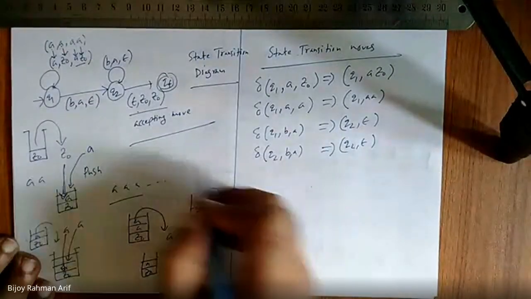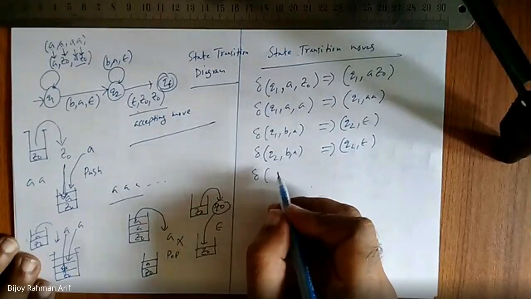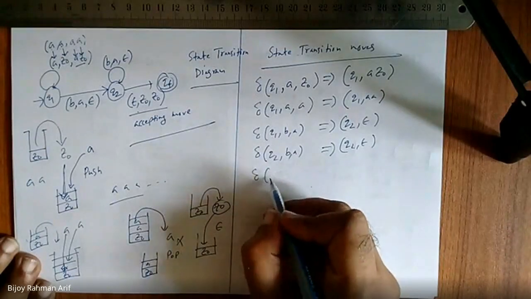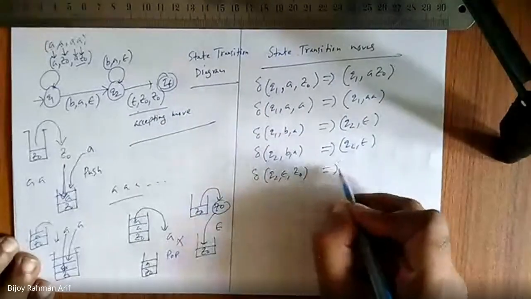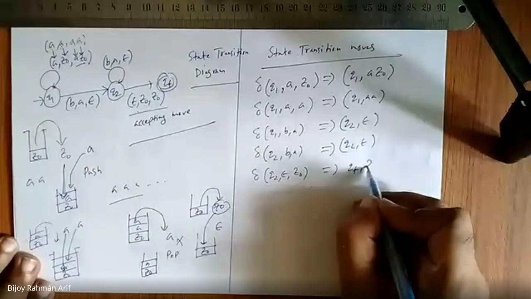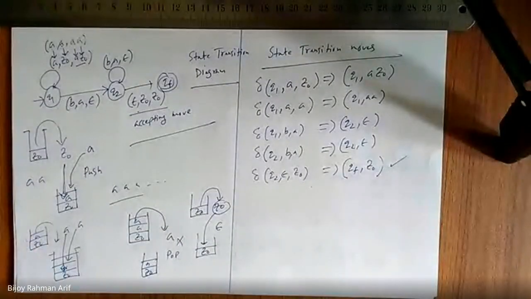And finally I have this. Delta Q2 epsilon Z naught. We get QF. What is the stack? The same thing can be represented by state transition moves as well.